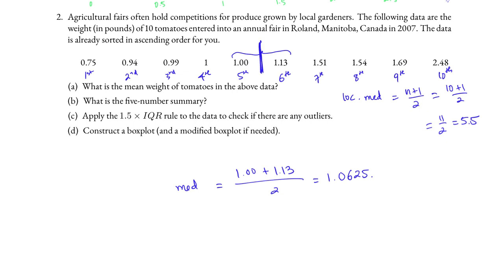Now, since the median is not a number in the dataset, we separate the dataset into 2 equal halves. Thus, this time, Q1 is the number in the middle of the first half, which is precisely 0.99, and Q3 is the number in the middle of the second half, which is precisely 1.54.